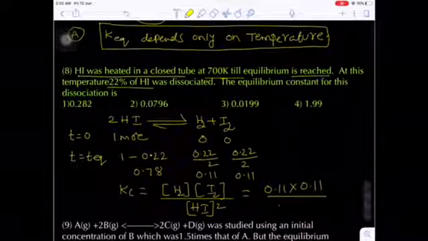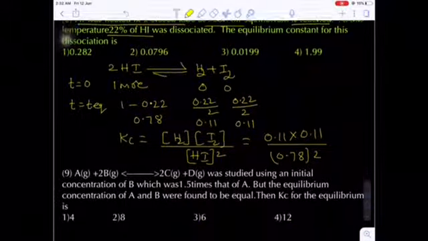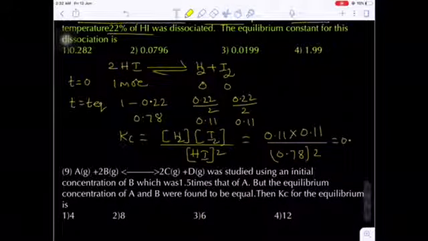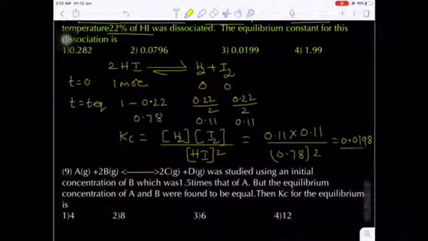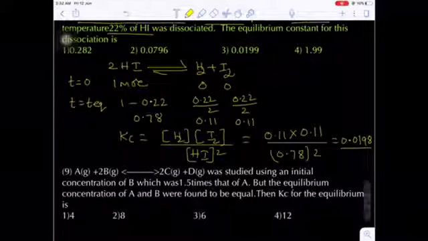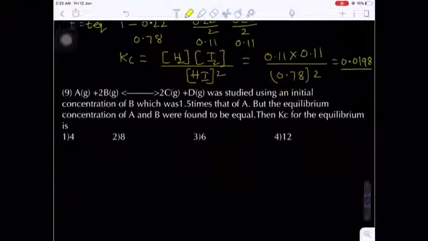I2 is also 0.11, whole divided by 0.78 whole square. Now the final answer will be 0.0198. Okay, 0.0198, so you have option number 3.